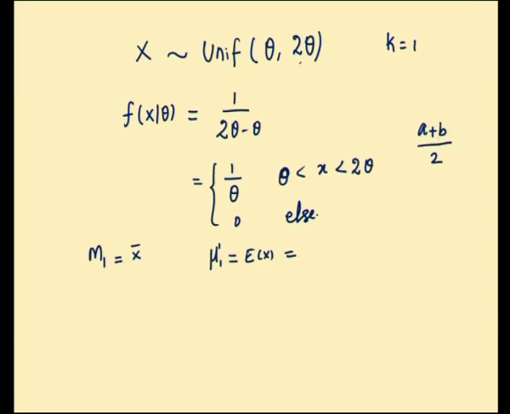Therefore here in this case theta plus 2 theta is 3 theta by 2. I am comparing these two things, x bar equal to 3 theta by 2, and that makes the calculation straightaway theta hat equal to 2 x bar by 3, or 2 by 3 x bar.